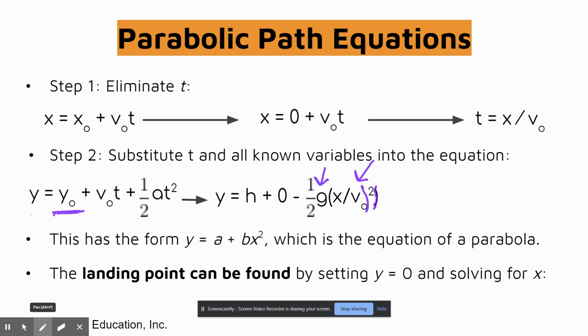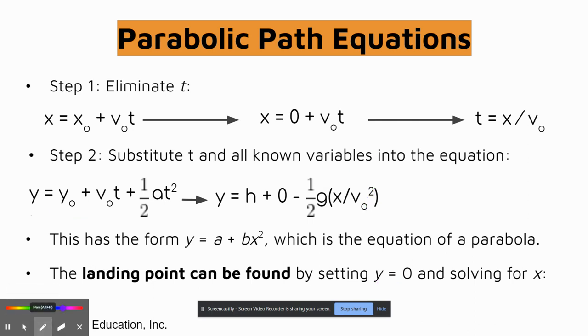Okay, so this actually ends up having the form y equals a plus bx squared, which is just a parabola equation. That means the landing point for this person can be found by setting y equal to 0 and solving for x. And again, we are going to practice this. I know it doesn't make as much sense when we're just looking at variables.